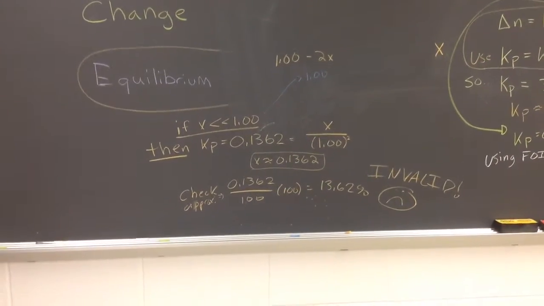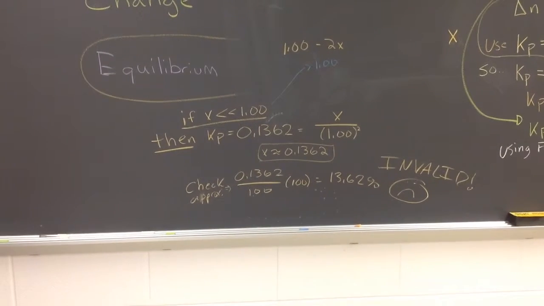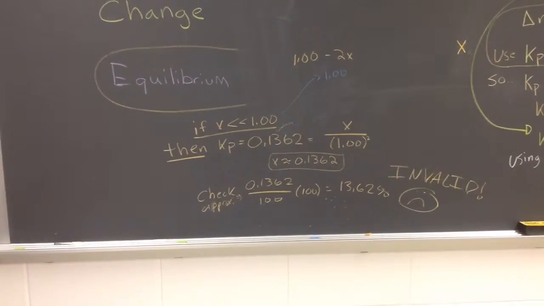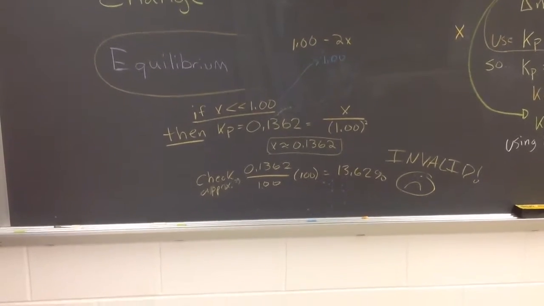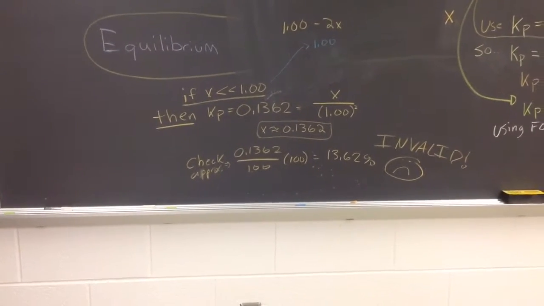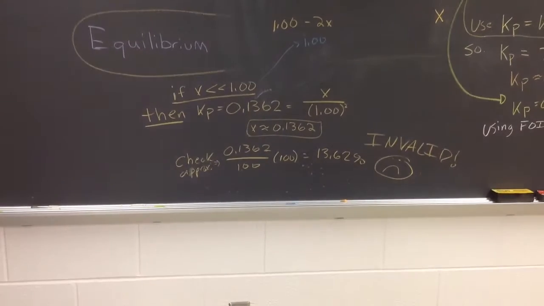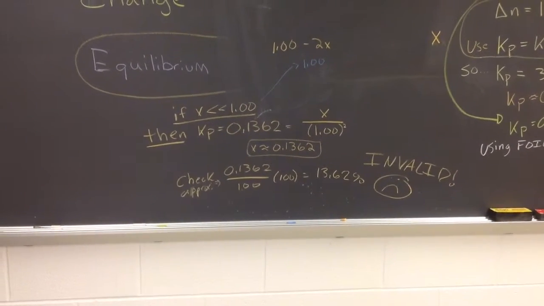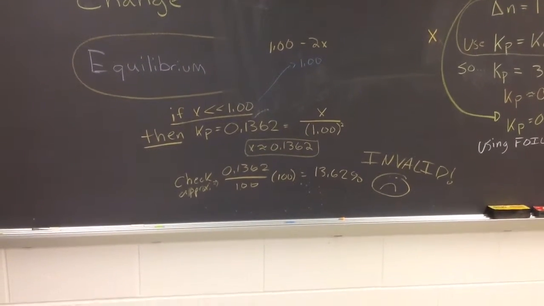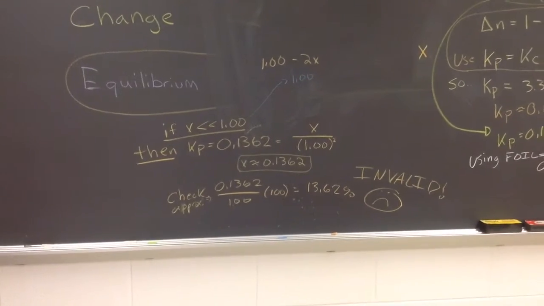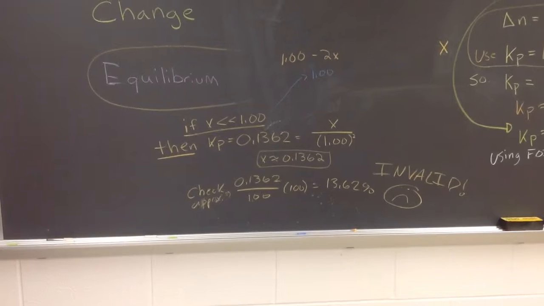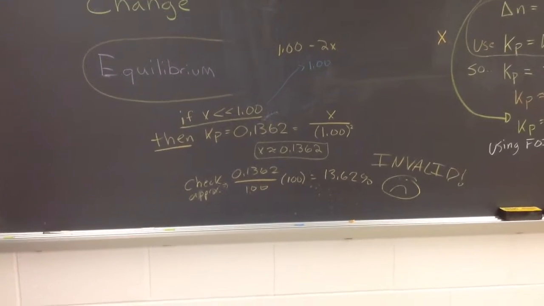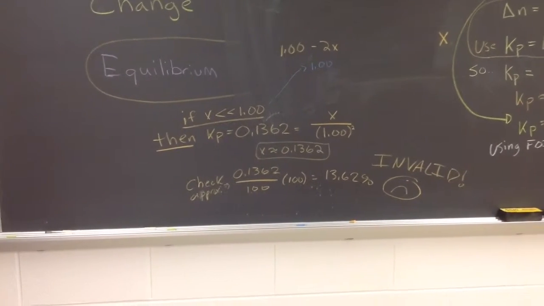If we plug that in, x over 1 squared, we get x solving to be 0.1362. However, now we need to check our approximation. If we take that over the initial concentration of 1 and multiply by 100, we get 13.62%, which is much higher than 5%, which is what we need it to be, 5% or less, for our approximation to be valid.